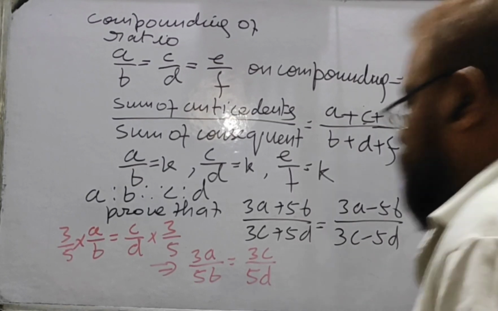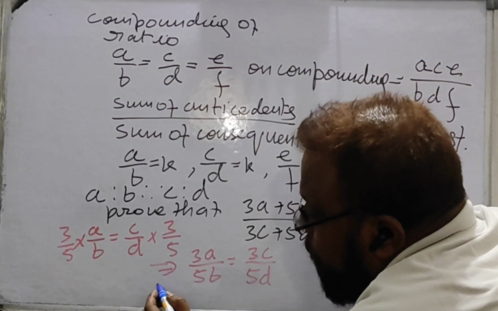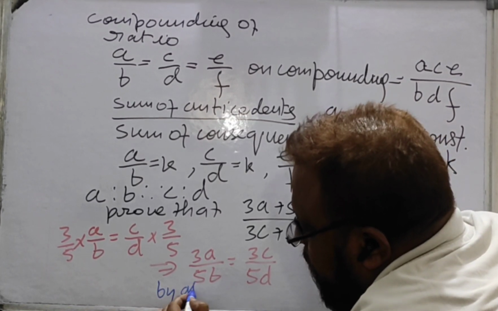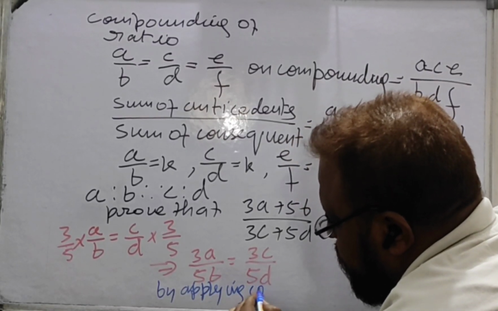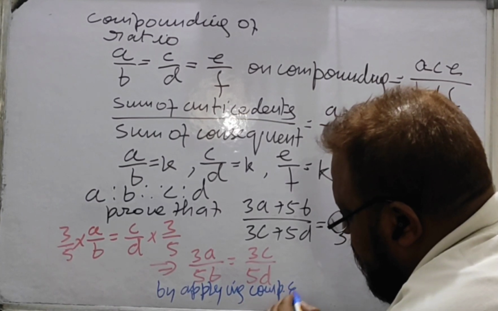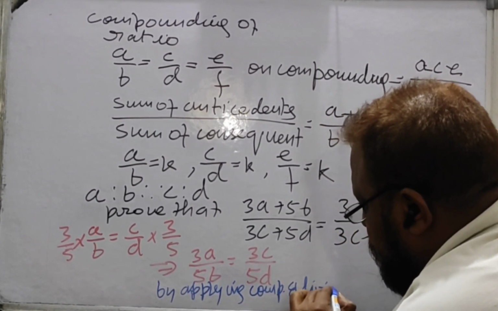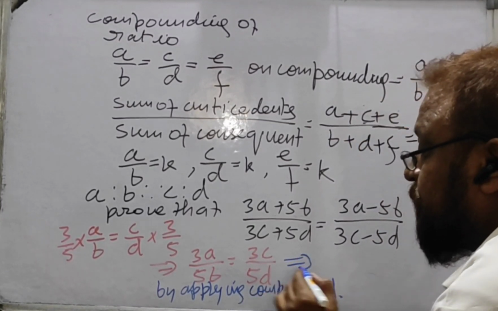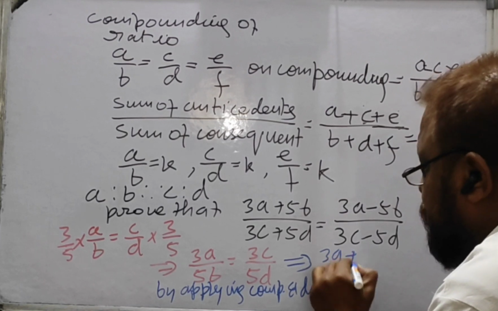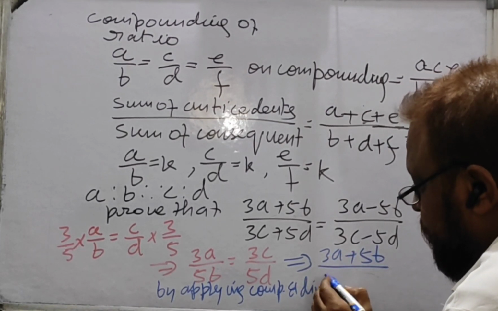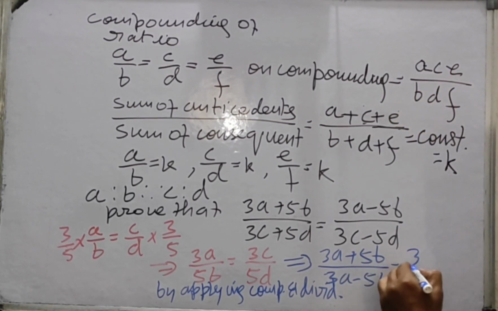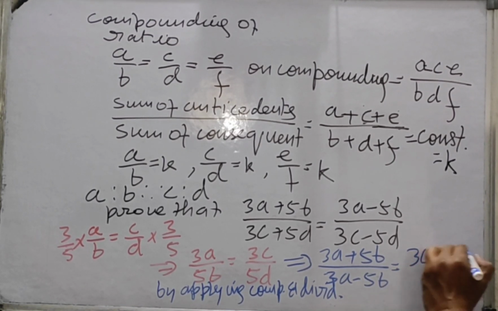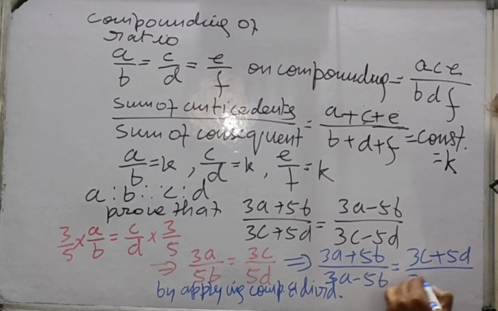Now by applying componendo and dividendo, what you will get: 3a plus 5b upon 3a minus 5b is equal to 3c plus 5d upon 3c minus 5d, right?